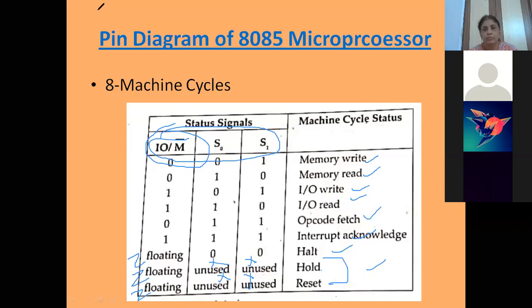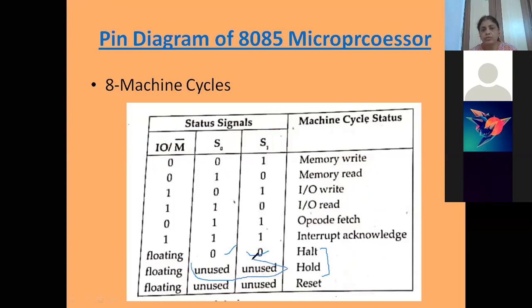Ma'am, what's the difference in halt and hold? Like if the input for S0 and S1 is 0. Halt में you have specified that it is mentioned that this should be 0. Okay, but in case of hold, unused means don't care condition, whether it is 0 or 1 you need not say. So even if both are 0, it won't matter. Means even if S0 and S1 are 0, it will still be hold?